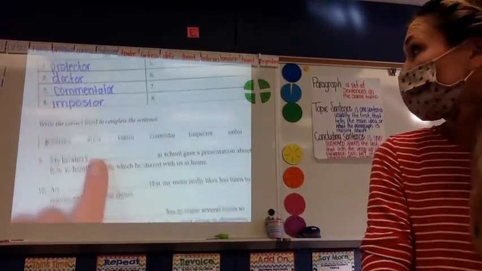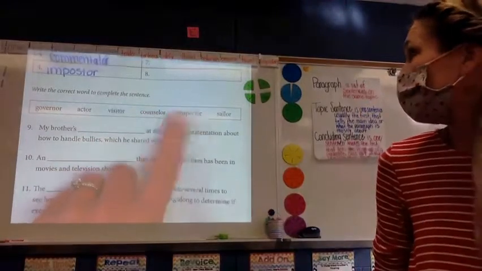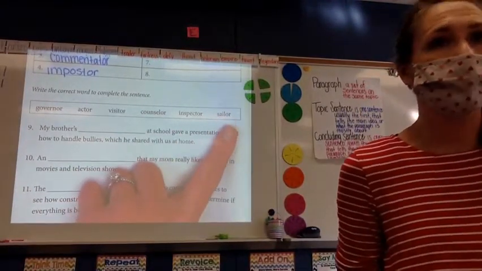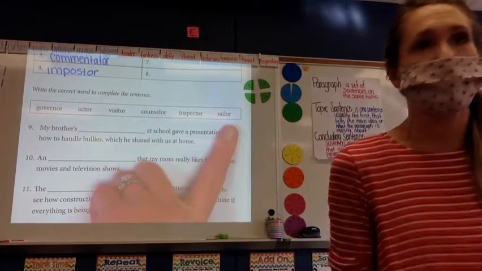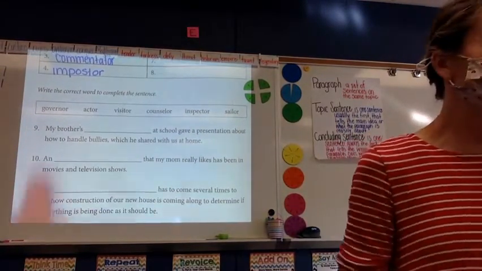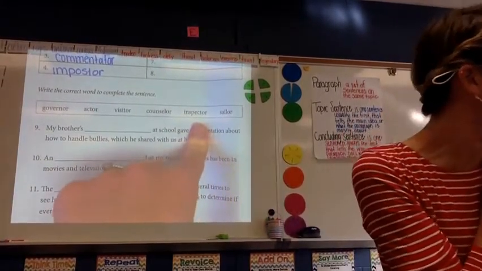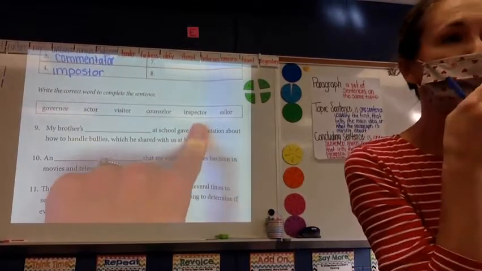Down below, we have governor, actor, visitor, counselor, inspector, sailor. Are any of those words you're unfamiliar with that I can help you with? No. Chloe? Inspector. An inspector is going to be someone who inspects something. So they're looking at it closely. Great one. Thank you. Cooper? Governor.